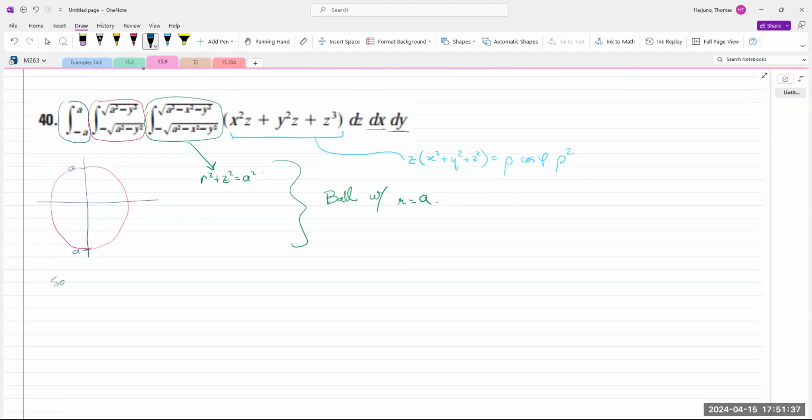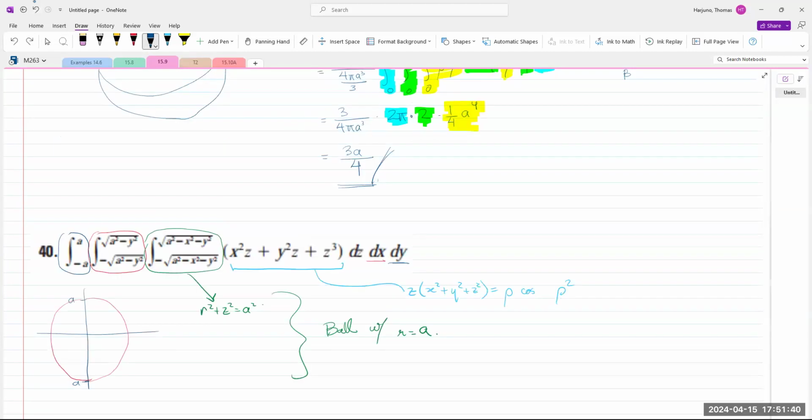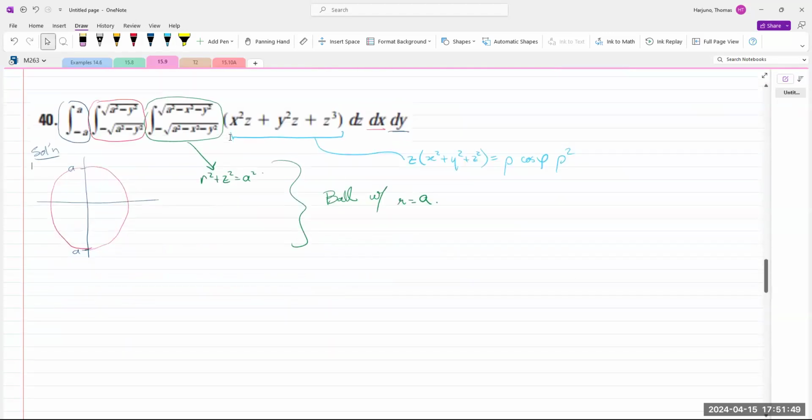So the solution actually starts from there. That triple integral now can be expressed as triple integral from 0 to 2 pi, 0 to pi, 0 to a. Right? That gives us a ball with radius a. Okay, and the integrand is rho cubed cosine phi times rho squared sine phi d rho d phi d theta.